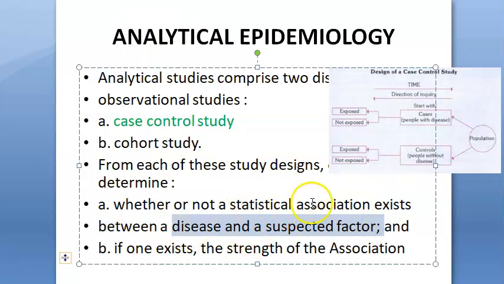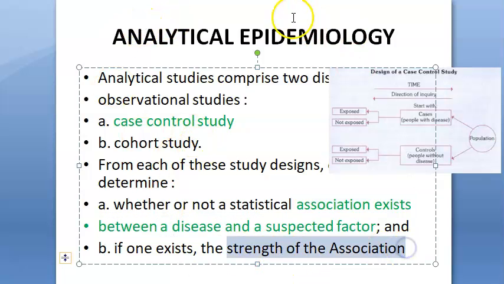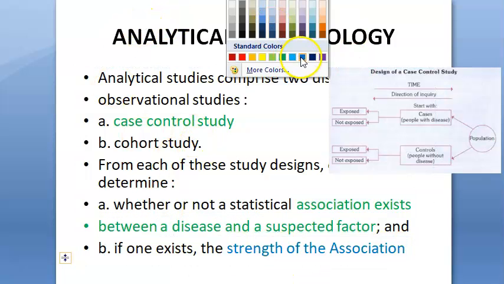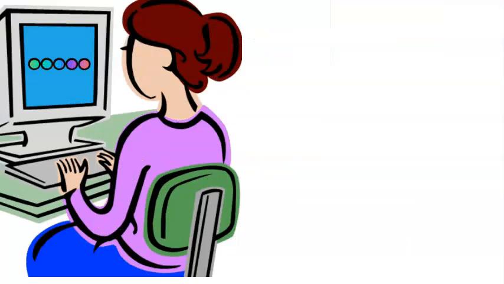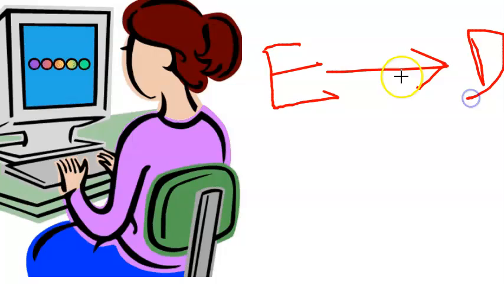First you will find out whether there is an association between the disease and the suspected factor, and then you will also have to give the strength of the association. So two things you should know at the end: the association between exposure, the cause, and the disease, and the strength of this association.